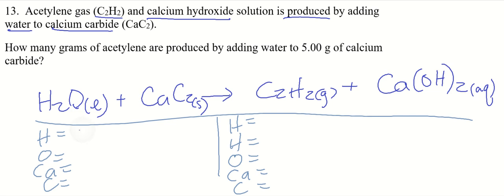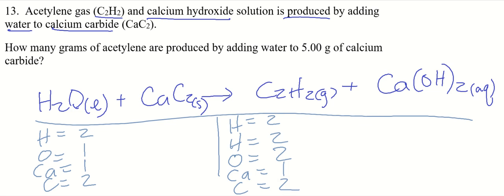Okay, we got 2 hydrogens on the left side, 1 oxygen, 1 calcium, and 2 carbons. And on the product side, we've got 2 in the acetylene, 2 in the hydroxide, 2 oxygens, 1 calcium, and 2 carbons.